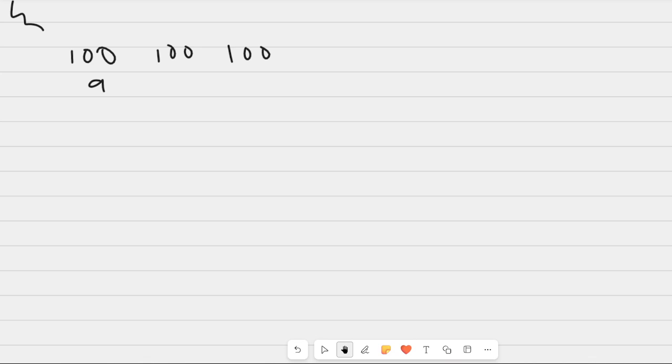So this is the first test case they have given: 100, 100, 100 is the capacity, this is the initial water, and this is the loss percent.